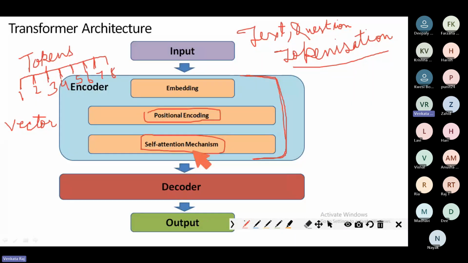Clear? So based on that, the decoder will try to process the output, and it will generate the output by giving attention to those tokens which have higher priority, higher attention, and based on that, it will basically generate the output. So the self-attention mechanism will be followed in the decoder.